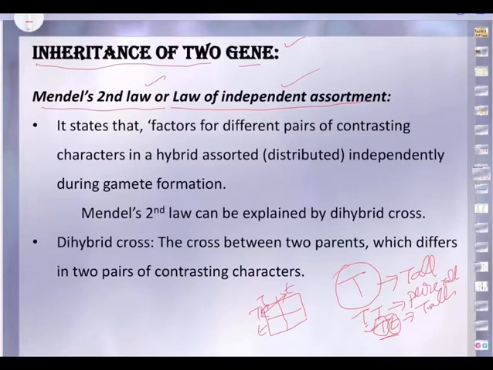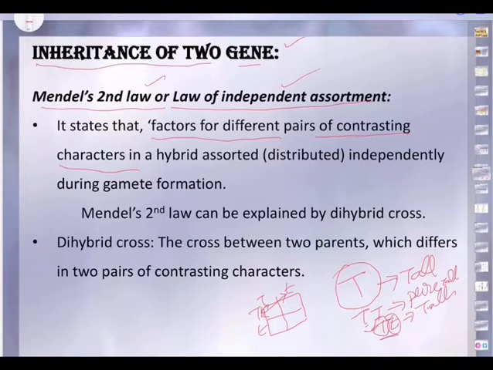Mendelian recombinations were mainly due to independent assortment. Independence means freedom. They have freedom and assert themselves. And this principle was proved using, as I said, the dihybrid cross, whose phenotypic ratio will be 9:3:3:1, which is universal.